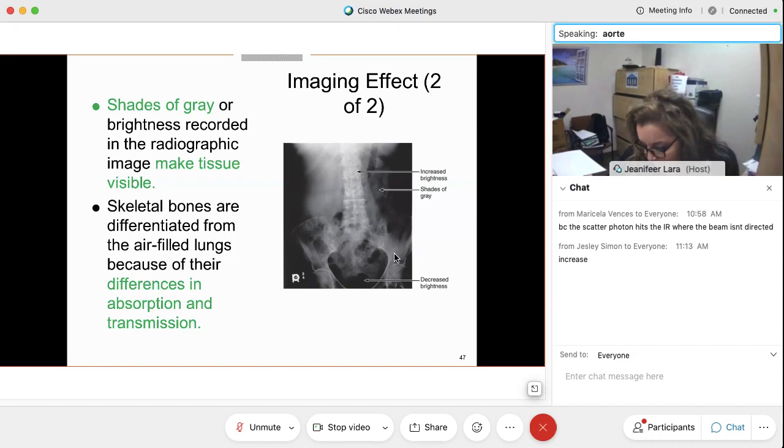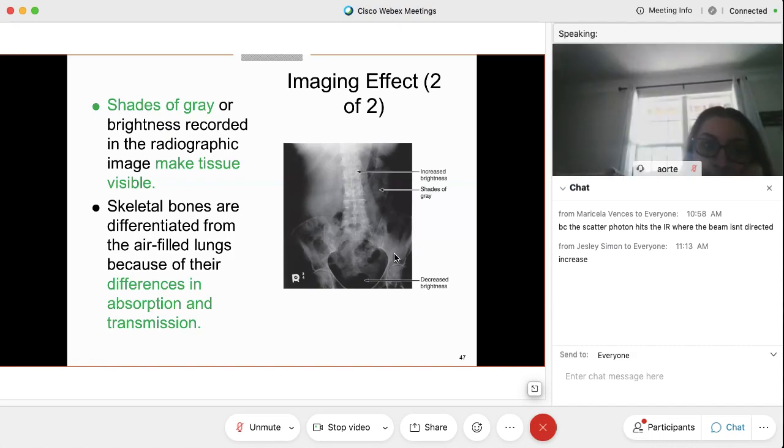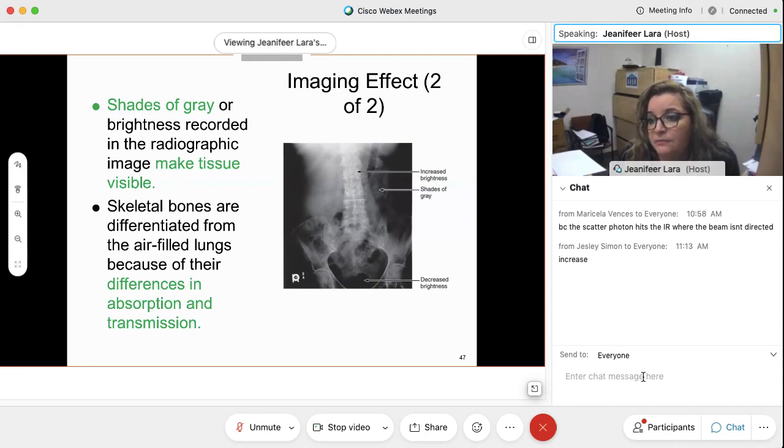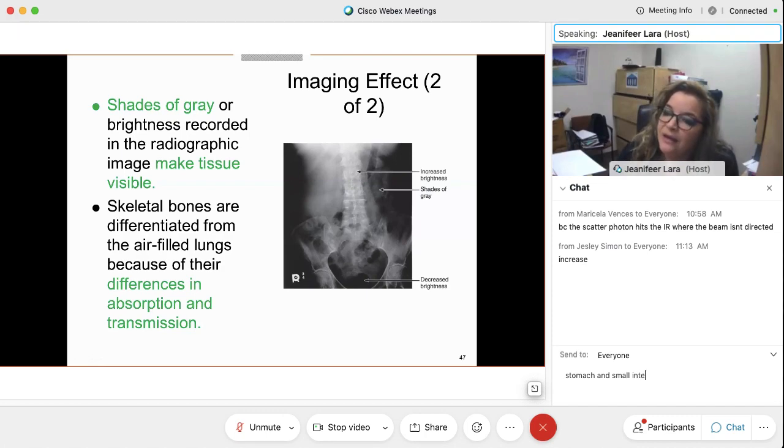Maybe the liver, the stomach. The liver is solid, right? It's not hollow. The stomach is pretty hollow unless you put a lot of food into it. So that makes sense. If I put some food in it, it'll probably seem solid or give the same appearance as the liver.